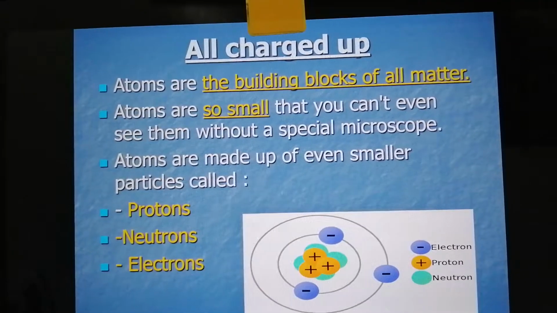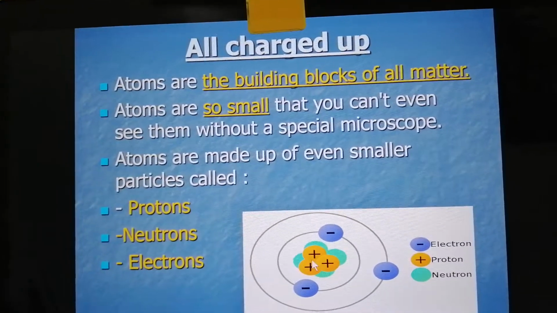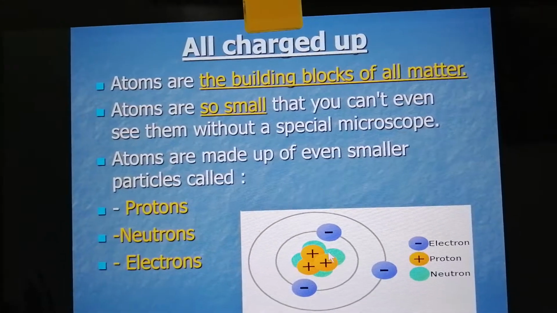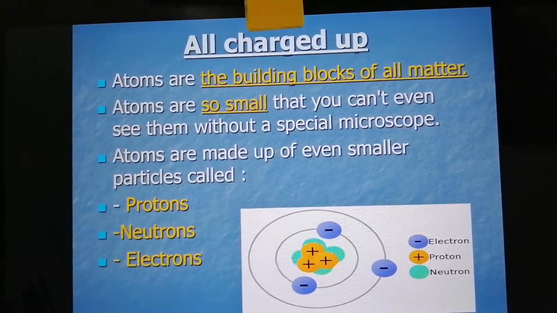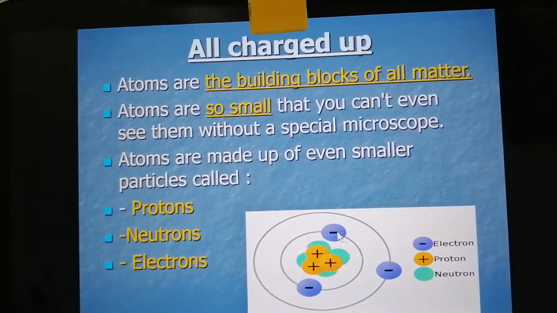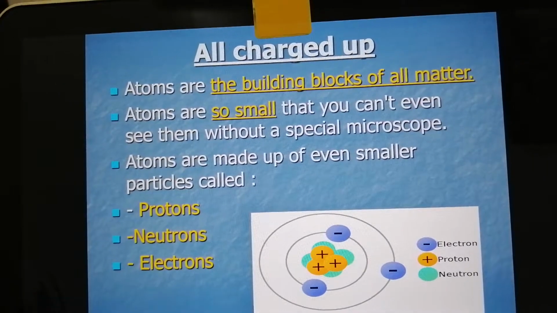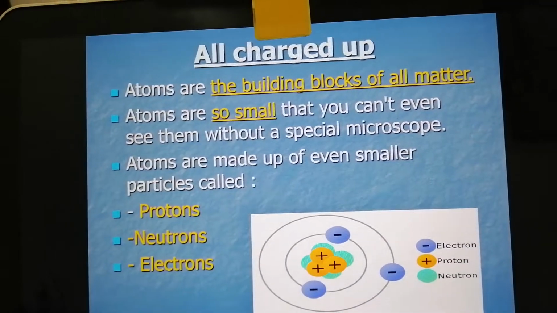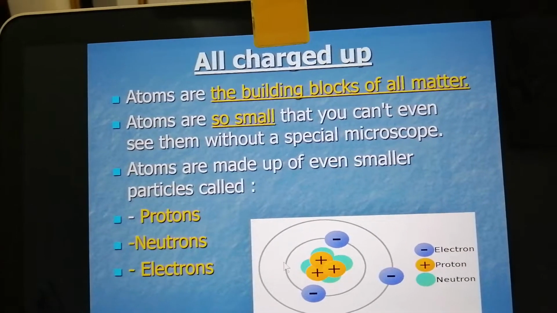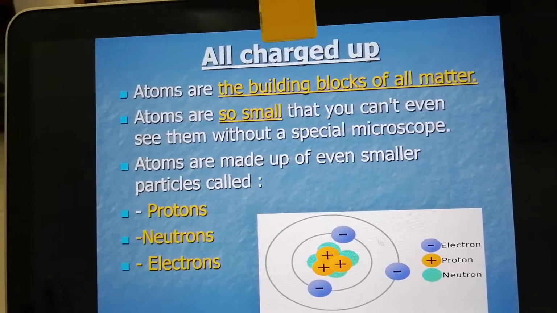The one that has the plus sign or a positive charge is called protons. And the one that is green with no charge on it is called neutron. The negative charge with the minus sign is called electron, and it is outside in the electron cloud. This empty space is called electron cloud.